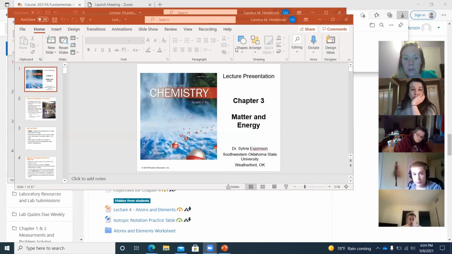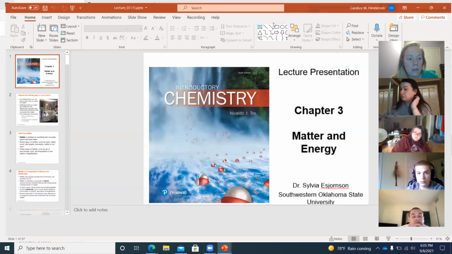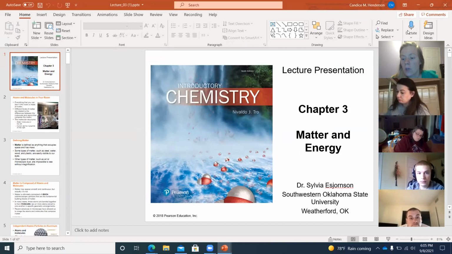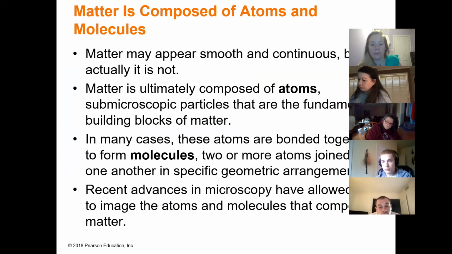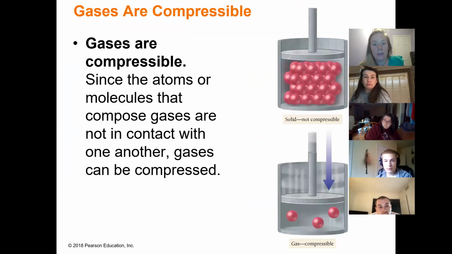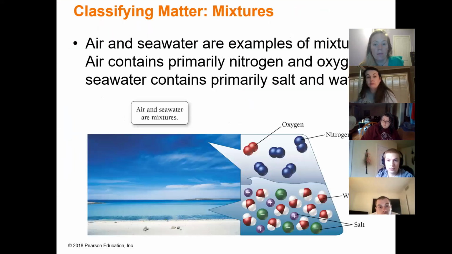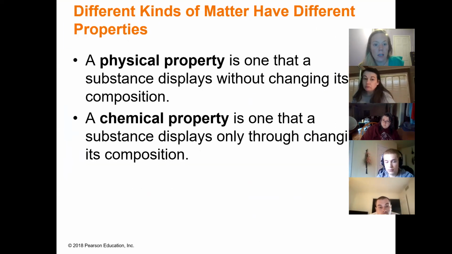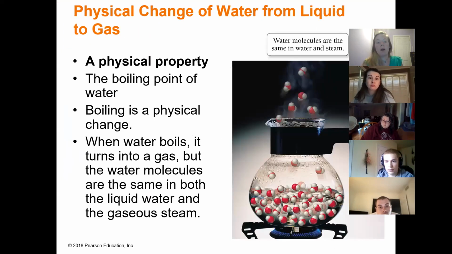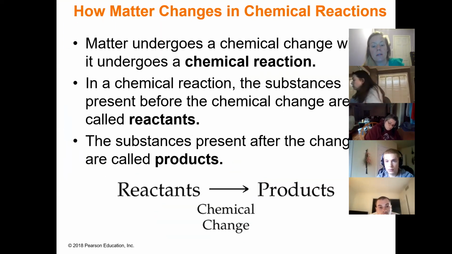Okay, so we left off talking about matter and energy. We got all the way through all the matter stuff. The different states, how we define matter as being either an element, compound, homogeneous, or heterogeneous. We went over physical properties and chemical properties, phase changes, and the basic structure of a chemical reaction. So we have reactants, right? We went through all this. I believe we left off at temperature. That was the note that I put on my thing.